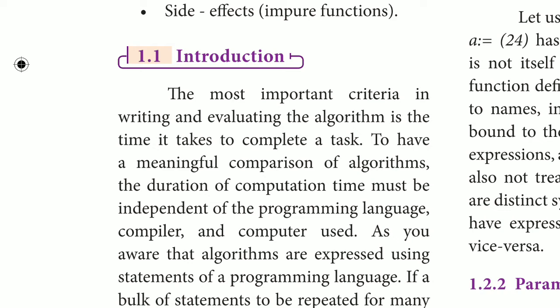So the time taken to complete a task should be independent of the computer used, the compiler used, or the programming language used. Even if you implement the same concept in a different programming language, the compile time should be lower. That's what they're trying to say here.